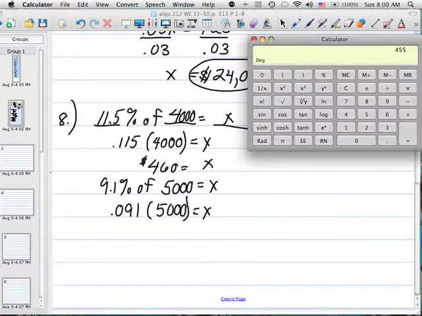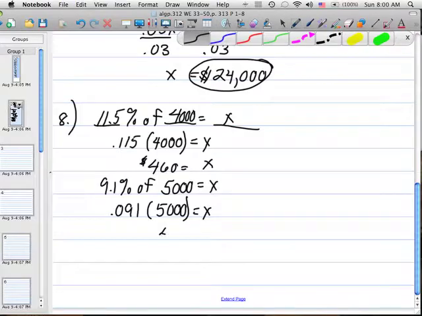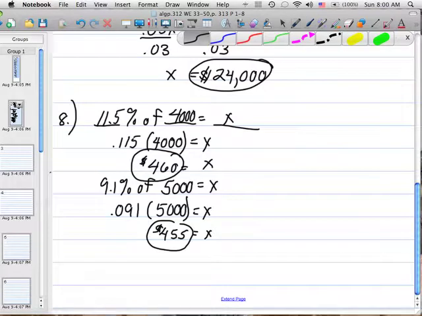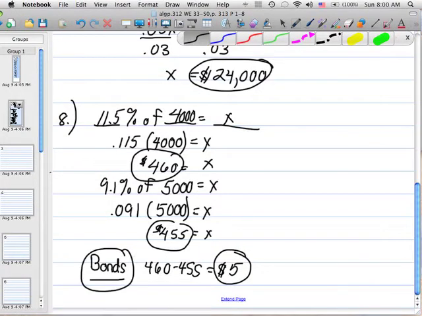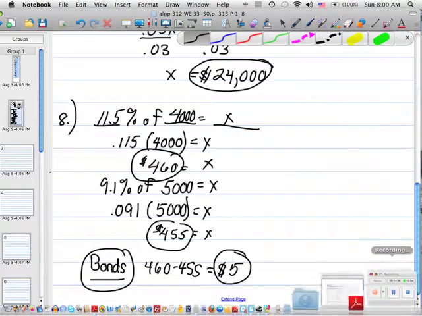That one earned $455. So those are the two amounts, and then which investment yielded more? Well, the bonds yielded more, the first one. And they want to know by how much. Well, 460 minus 455 is $5 each year. That concludes the evens. Be sure to check the answers in the back of the book for the odds.